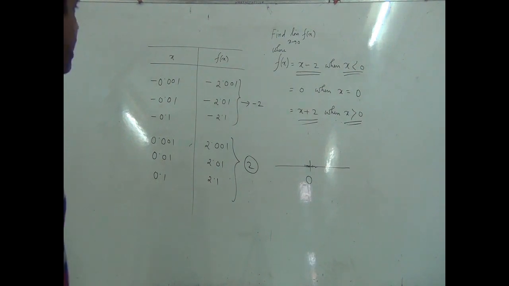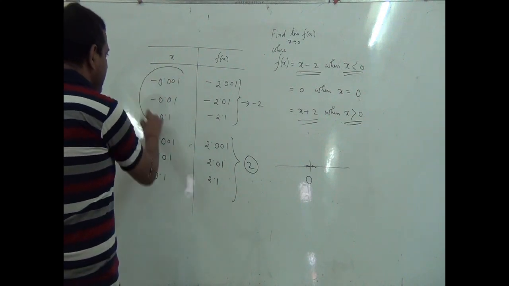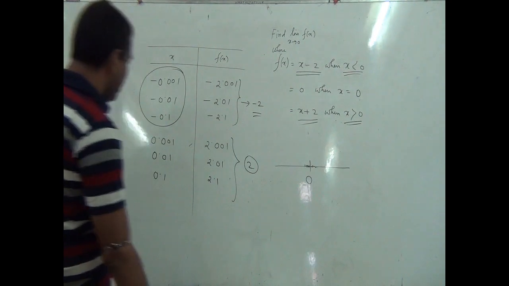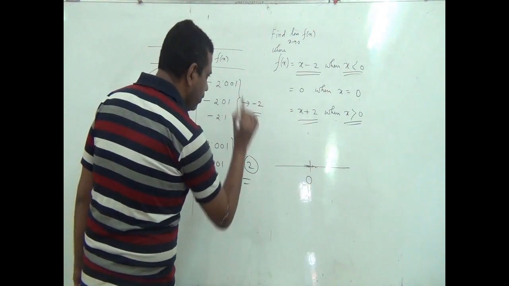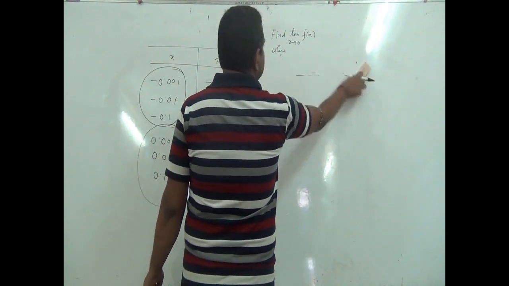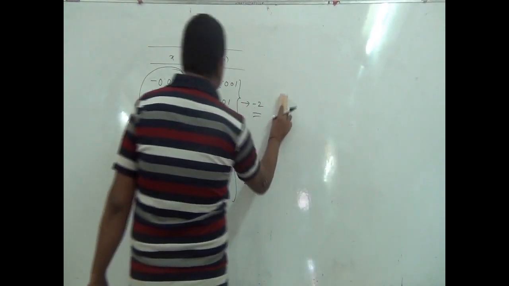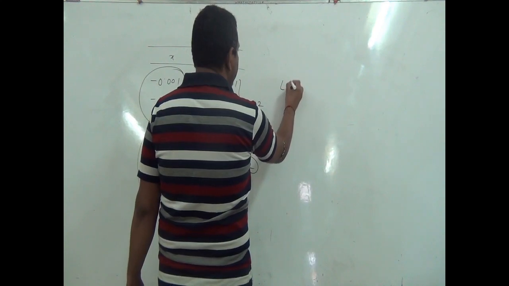But here, when x tends to less than 0, our f of x tends to minus 2, and when it is greater than 0, our f of x is 2. So this shows that there are two limits.